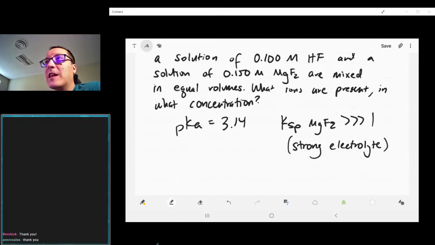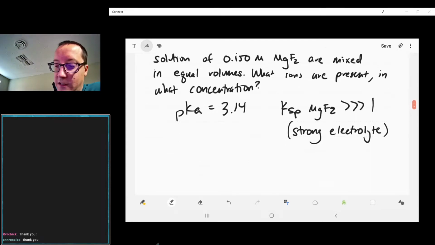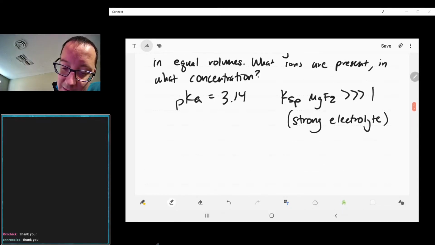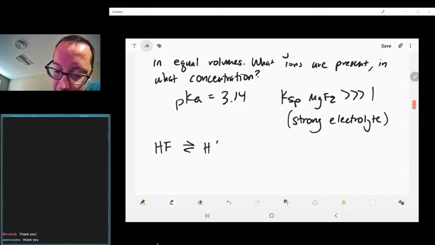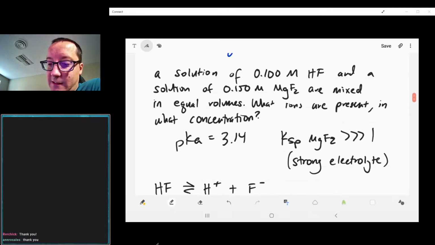So basically what we're doing here is, since we're going to ignore the equilibrium of magnesium fluoride, we're really looking at this equilibrium, but now we have some fluoride ion in there. So if we go ahead and take this into consideration, we're mixing solutions of HF and magnesium fluoride.